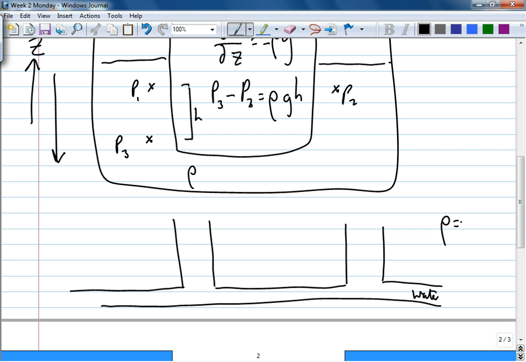The density of water is 998 kilograms per meter cubed. So we have a pipe. Now there's a valve and we close off the valve. Again, this could be the tap or valve in your house.